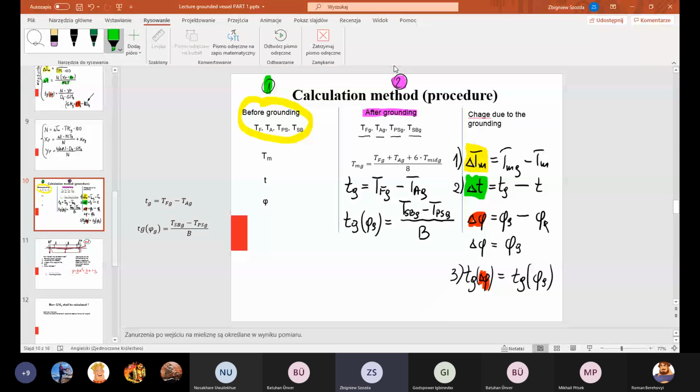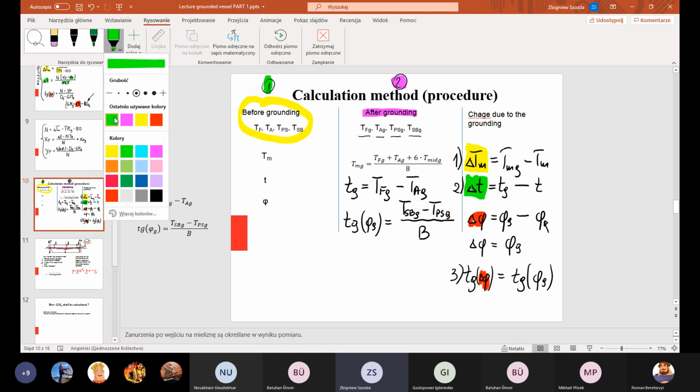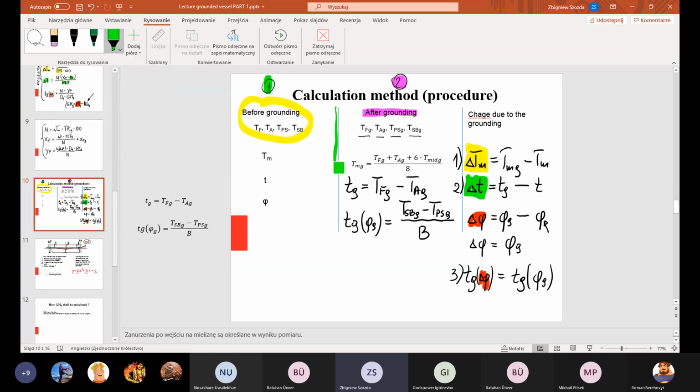And now, before we finish, I will raise the question: if you have two packages of numbers, before grounding and after grounding, what can be done as the next step? How do you think? You have formulas here. We will discuss these formulas next time, so probably on Friday.